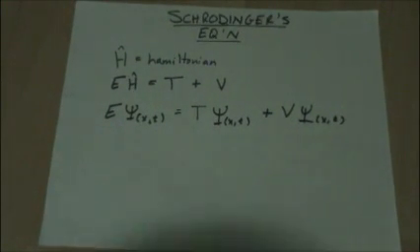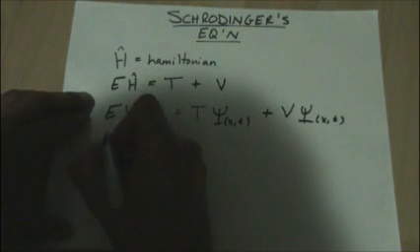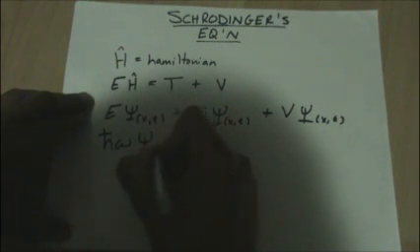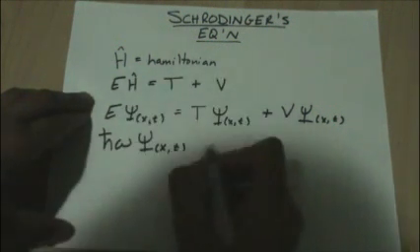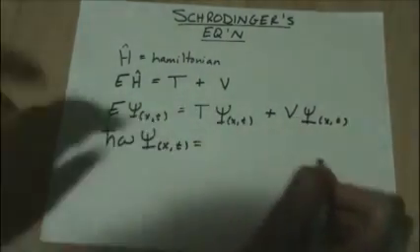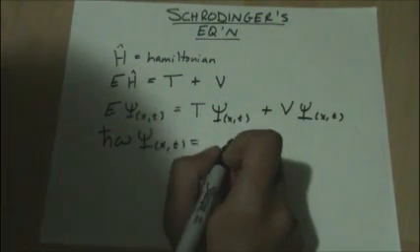Okay, so let's play around with this a little bit. We know that energy is equal to h bar omega times psi of x comma t. Now we know kinetic energy is p squared over 2m, or at least you guys should have a clue for that by now.